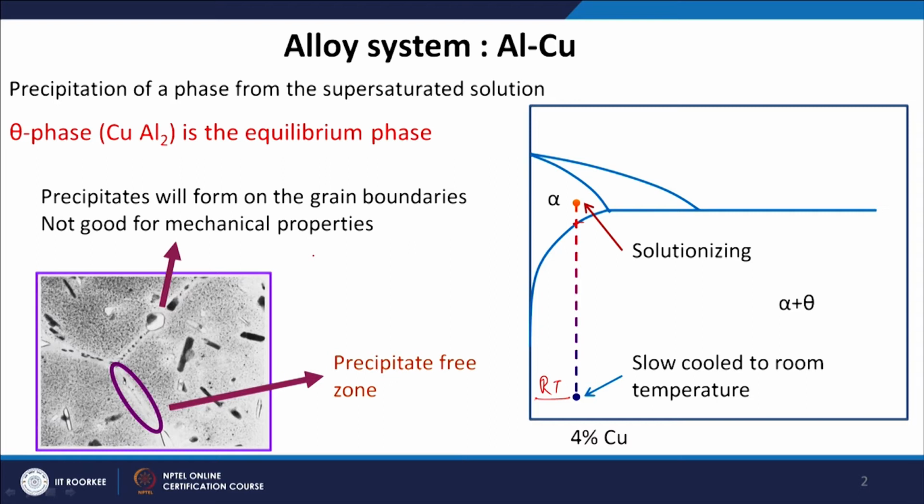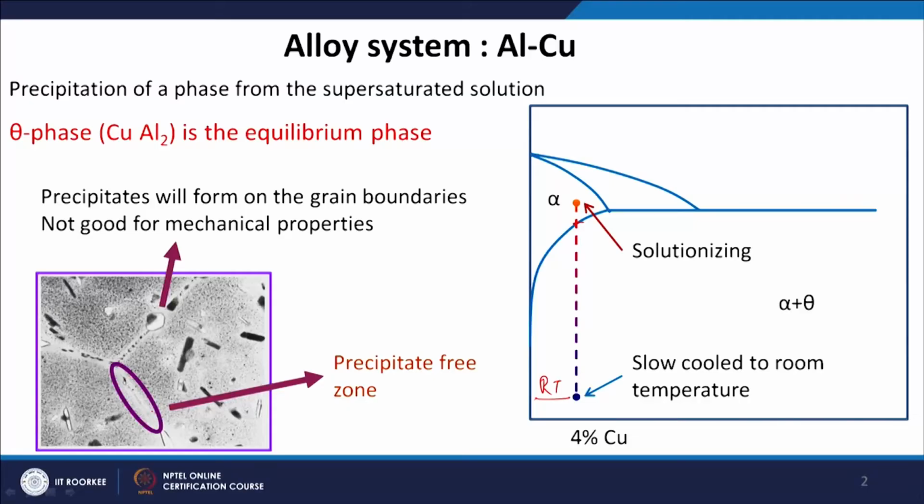If it is forming on the prior austenite grain boundaries and forming a network, it is not a good thing for mechanical properties. And when this precipitate forms on the grain boundary, it leaves a precipitate free zone around it, where there is not going to be any precipitate. That is also not good for mechanical properties and corrosion properties also. So, this type of microstructure we do not want.